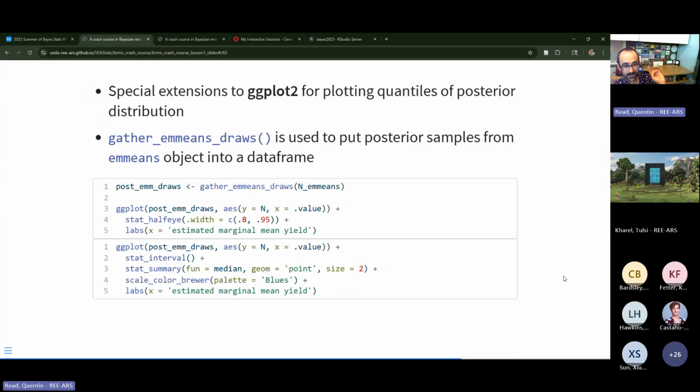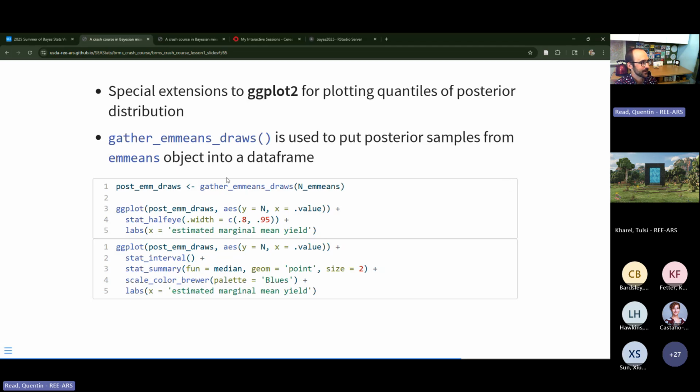There are lots of ways to plot posterior estimates in R. I'm going to show you a few. There are two packages called tidybayes and ggdist that, if you know the R package ggplot2, are extensions or add-ons to ggplot2 that are specially made for plotting posterior estimates from Bayesian models.